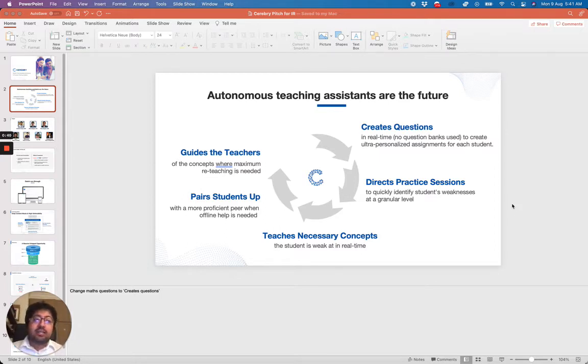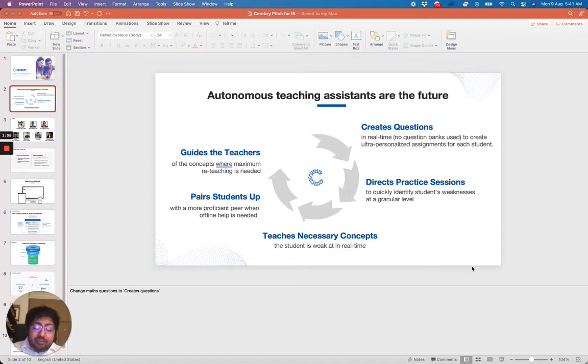It's almost like a virtual teacher sitting with the student, helping them solve problems, and if students get stuck, the engine generates a step-by-step solution, provides hints, directs practice sessions, provides scaffolded step-by-step help, if necessary, shows concept videos and so on, and slowly takes the student to mastery.